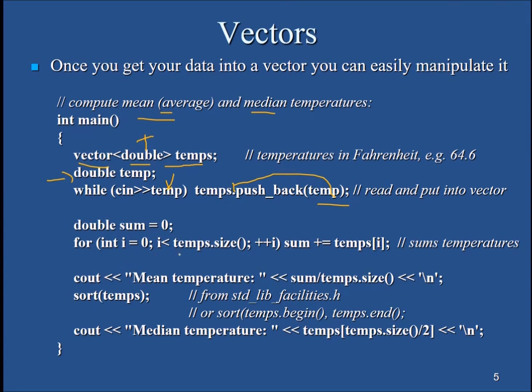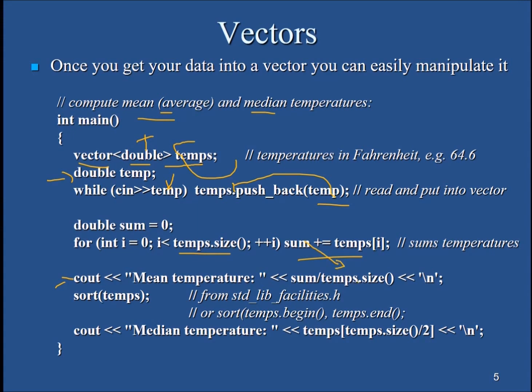This is the for loop. We'll go up to temps dot size, and sum is equal to sum plus temps i. This is the short form, and we'll present it, but with a change. Then the sum will be divided by temps dot size.